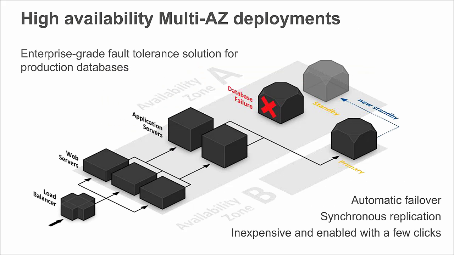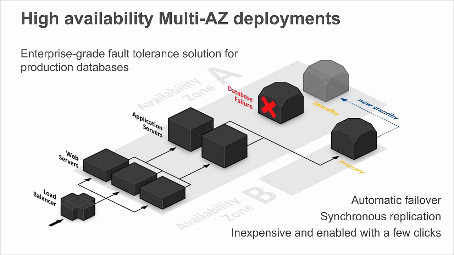So another key piece that you want in place for a production database is to make sure that it's highly available and that it can really withstand failures that might be happening throughout the infrastructure and the facilities that are potentially even supporting your infrastructure. So RDS offers you the ability to configure your database instance in what we call a multi-AZ or a multi-availability zone configuration.